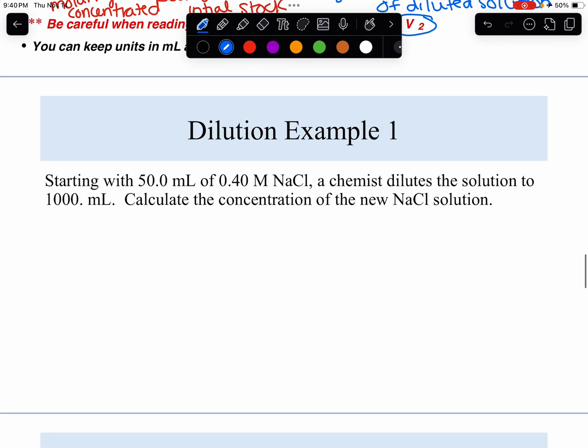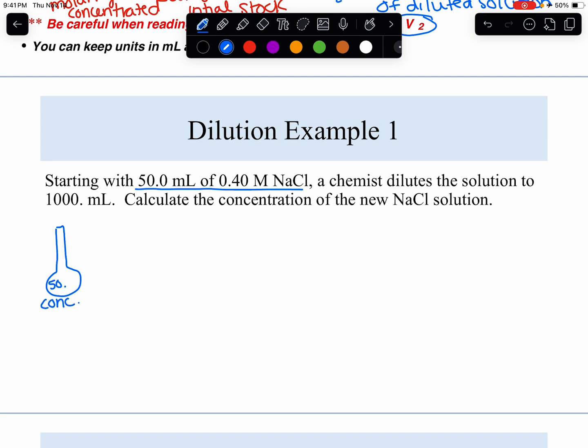Let's dive into an example here. I find this a lot easier to visualize when I draw a picture. Now, you may not need to do this forever, but I think it's a good helpful starting point. So I'm starting with 50 mils of this 0.4 molar solution. Please ignore my artistry. It's awful, but this is my concentrated.